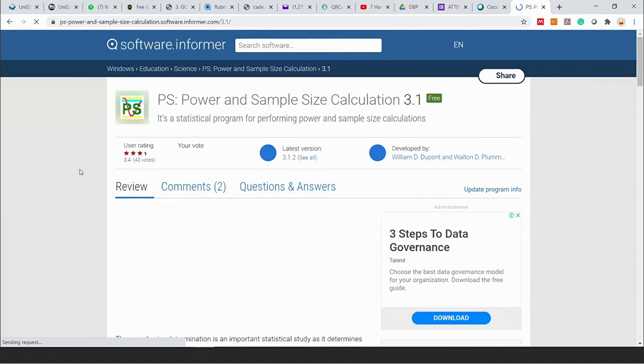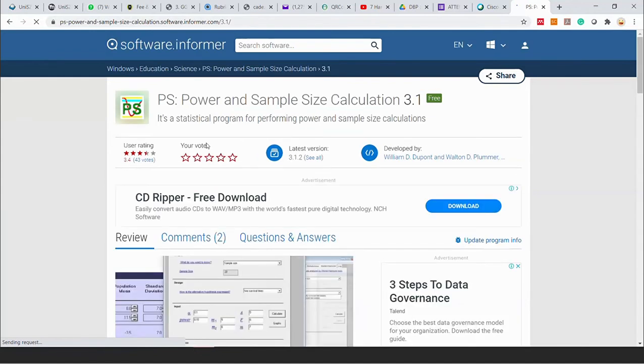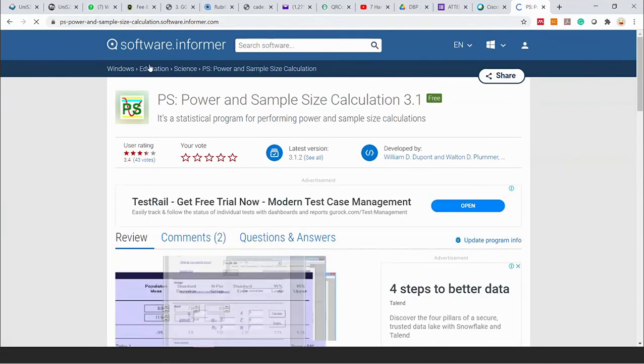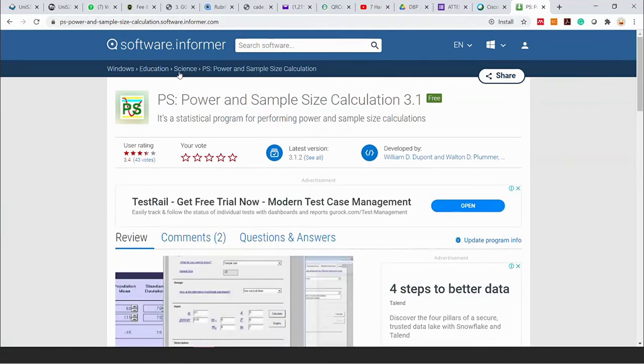Is it this one you installed? Yes Doctor, Software Informer. Okay, so you click from the Software Informer. But this is from DuPont. Developed by DuPont.